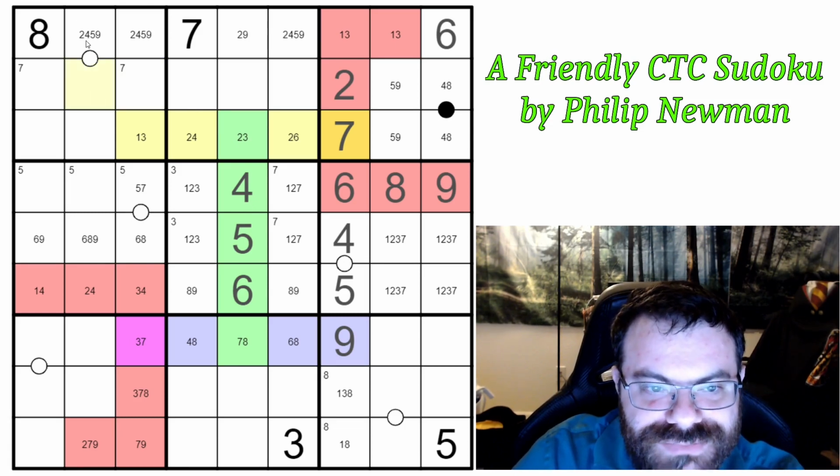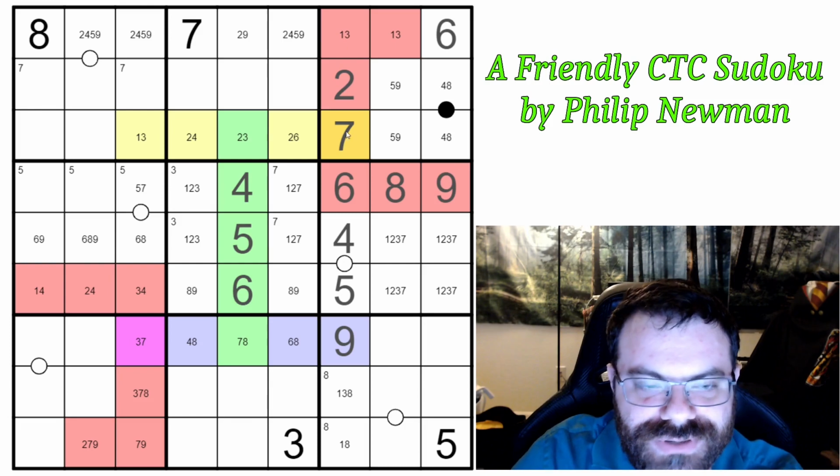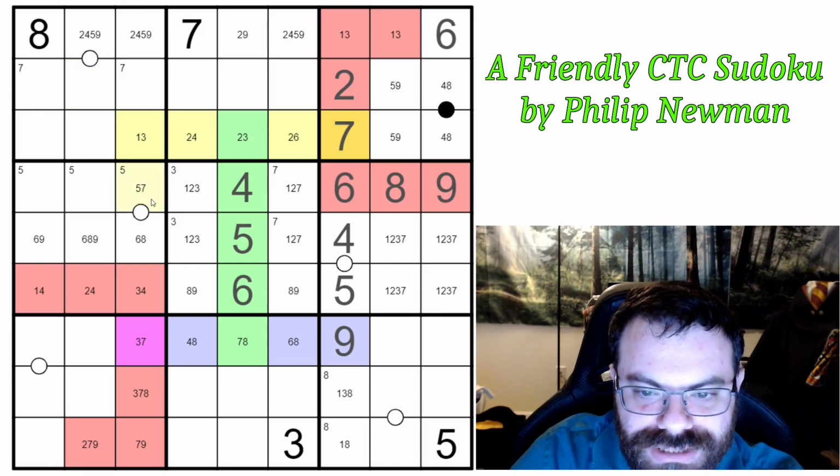There's just too many possibilities here. We're talking only 2 is eliminated, and we don't even need a 2 to be consecutive, so I'm not going to mark that yet. 7, 5, 6, 9, 8. So these are what? 1, 2, 5, 7?